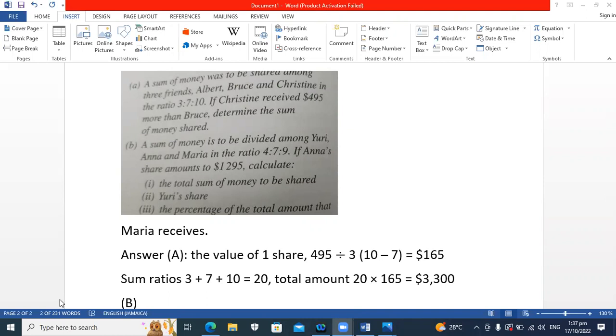I don't know. You'd have to divide 495 by 10, because 10 represents Christine. You get it? Yes, sir. Right. So use that hint to work out B.